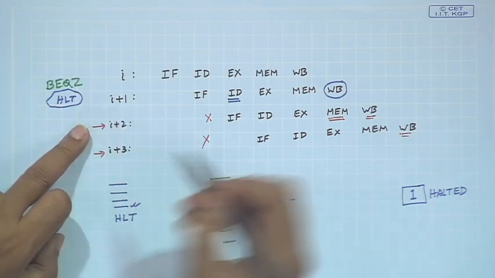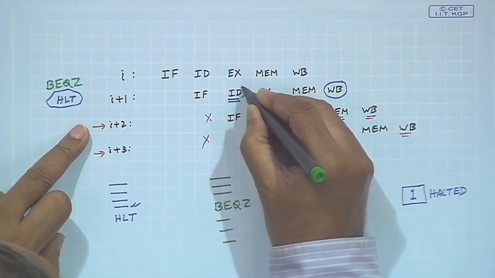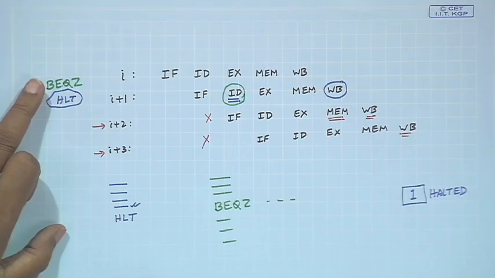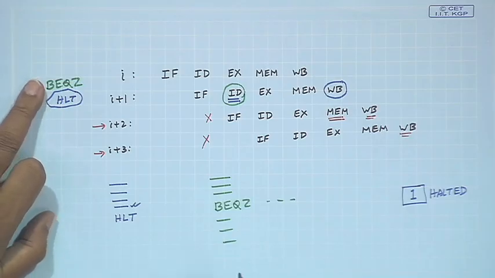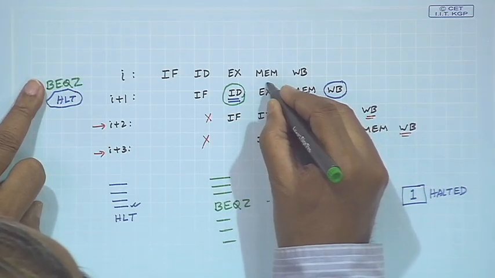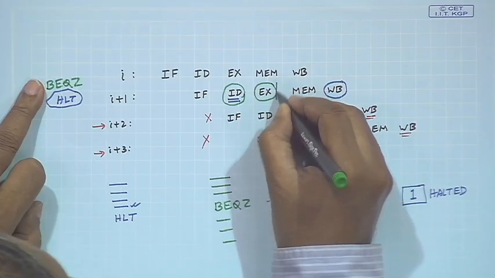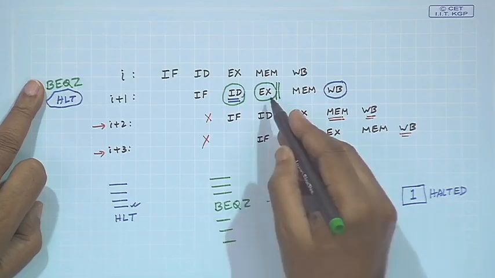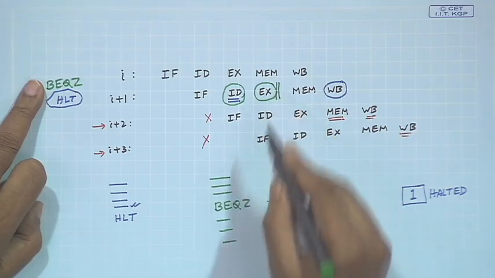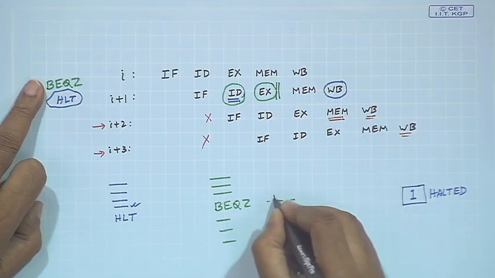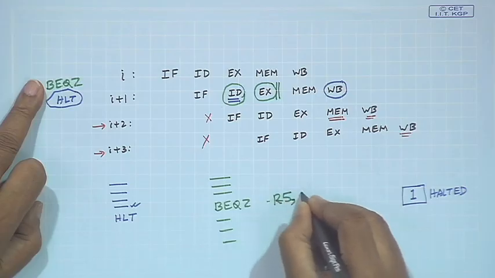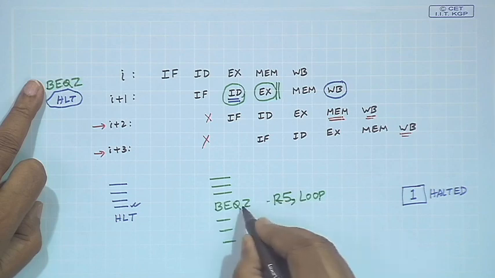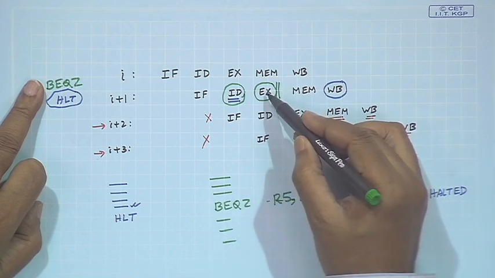During ID you detect that it is a branch, and if you look at the micro operations, you will be identifying only at the end of EX whether the branch is actually to be taken or not, because the target address is also computed and also the condition. Let us say I have specified here R5, it is jumping to some label loop. It will check whether R5 is 0 or not, and that is also done in the EX stage.